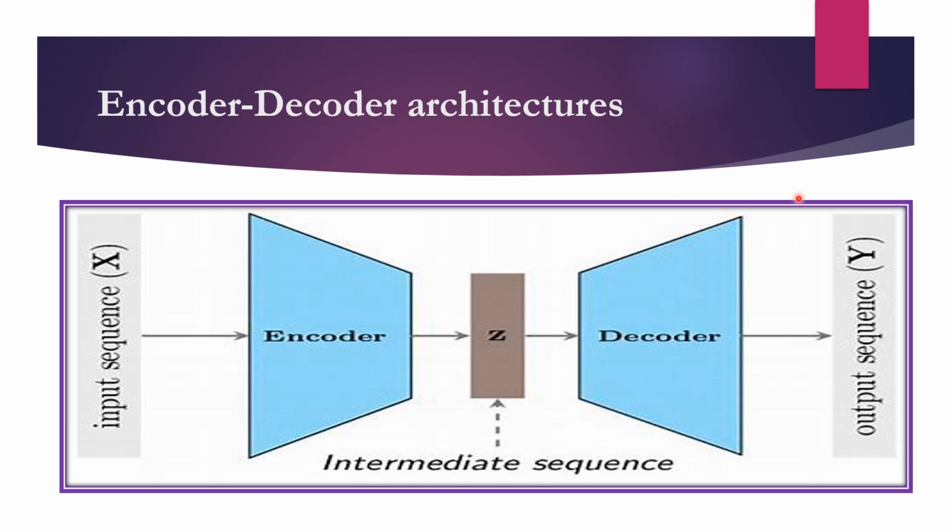Then comes the decoder. The decoder takes the context vector generated by the encoder and generates the output sequence, that is the target text, one element at a time. The decoder is typically a recurrent neural network or a transformer similar to the encoder. It generates the output sequence by predicting the next word in the target sequence based on previous words and the information contained in the context vector.